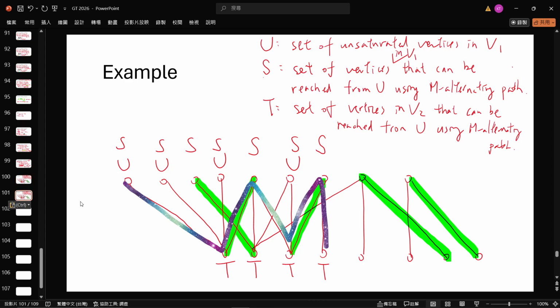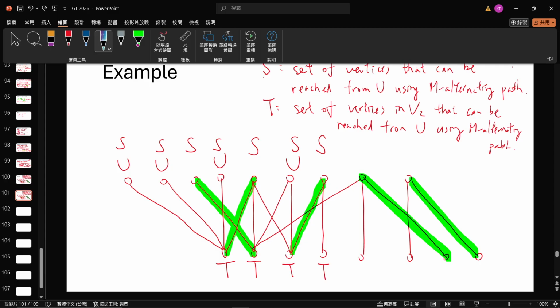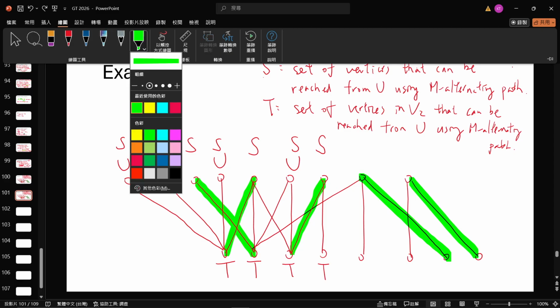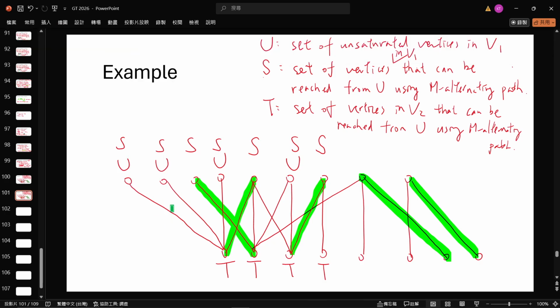And by the way, let me draw the matching after we update it, after we enlarge it. So the new one, I think I'll use a slightly different color.